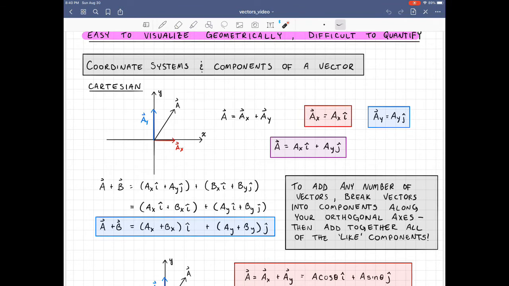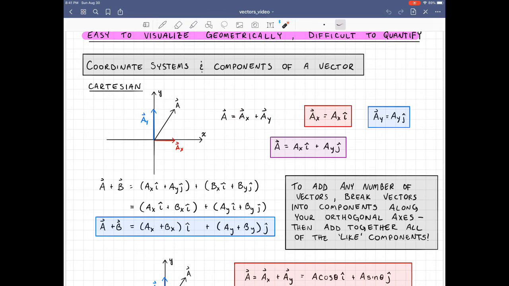We may see polar coordinates or cylindrical coordinates later on in the term, but for most of what we work on, we're going to be using Cartesian. And so we can represent our vector A with two perpendicular component vectors, one directed along the x-axis, one directed along the y-axis. We can write vector A as the vector sum of the x component plus the y component.